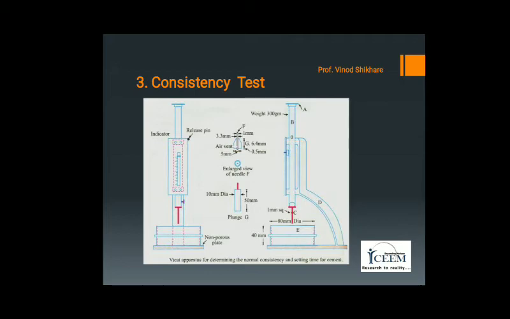It is provided with a releasing pin to make the rod free and is attached with an indicator to take readings on a vertical scale, which is graduated from 0 to 40 mm in either direction.